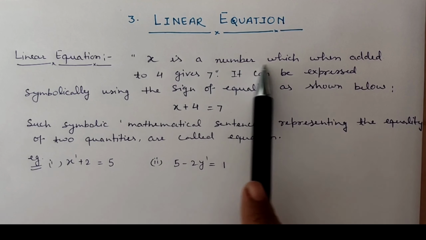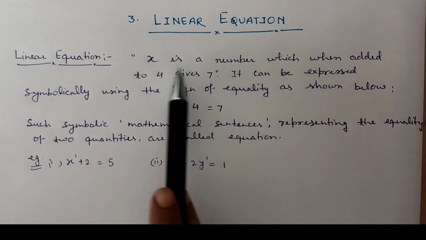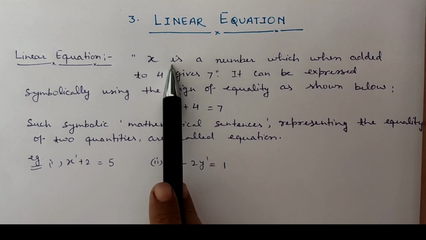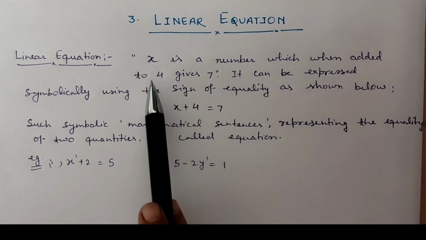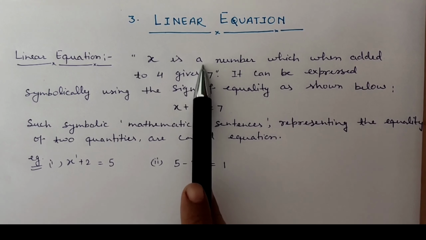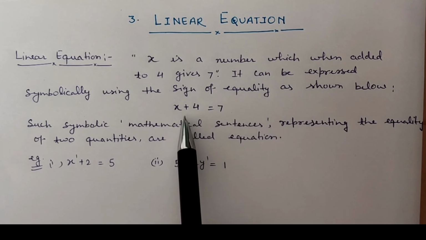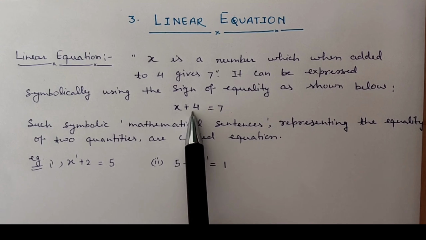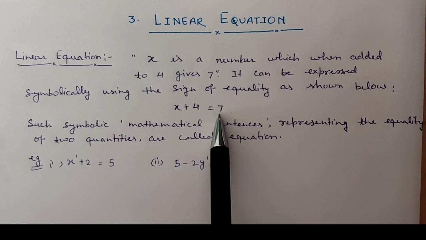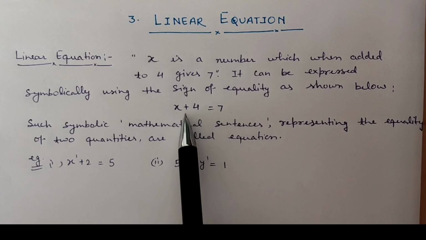This is your simple statement: x is a number which when added to 4 gives 7, and you have to express this using equality sign in the mathematical form. So here is that mathematical expression for that: x plus 4 is equal to 7. This mathematical expression or mathematical sentence is known as linear equation.